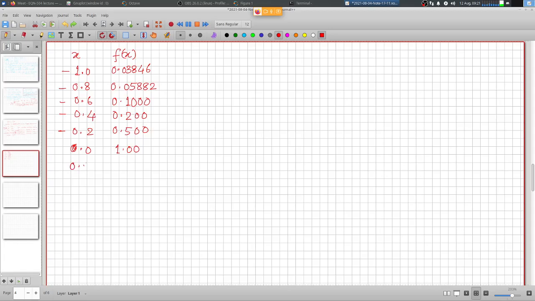So 0.2 would be 0.500, 0.4 would be 0.2, 0.6 is going to be 0.100, 0.8 is going to be 0.05882, and then 1.0 is going to be 0.03846.